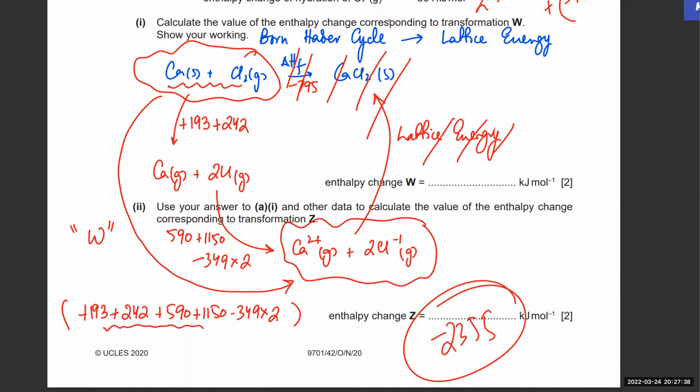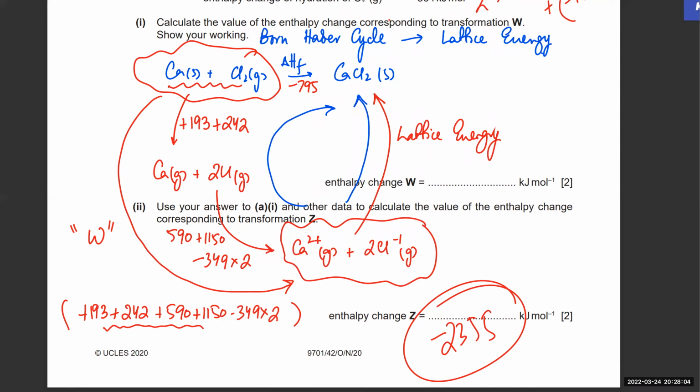Because we did draw the Born-Haber cycle, let me refer back to this. If you look at this Born-Haber cycle, what is lattice energy equivalent to? If I make the two parts, this is lattice energy. What's the other path? The other path is this one, right?